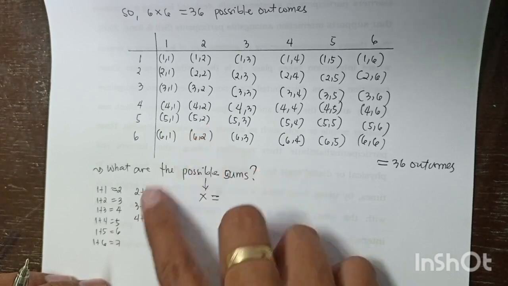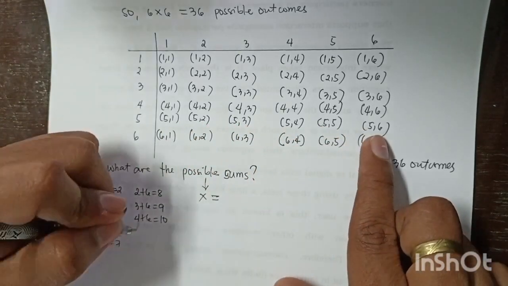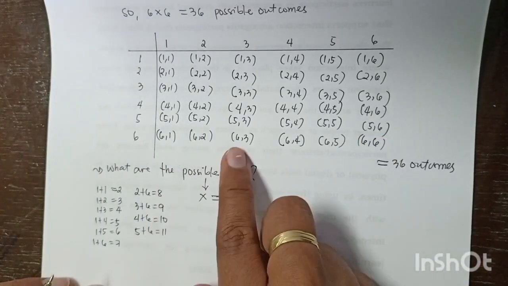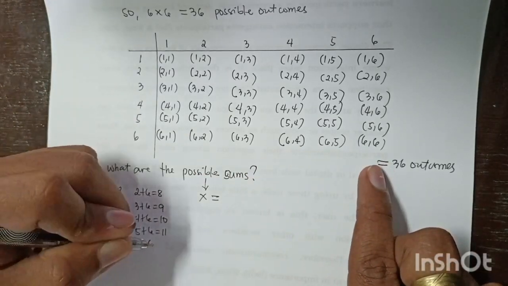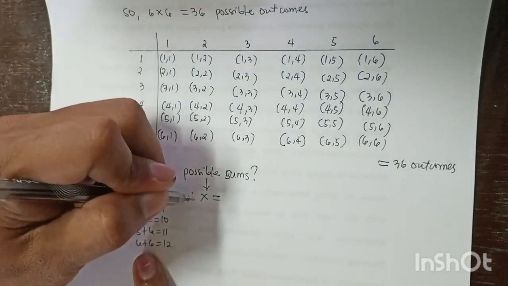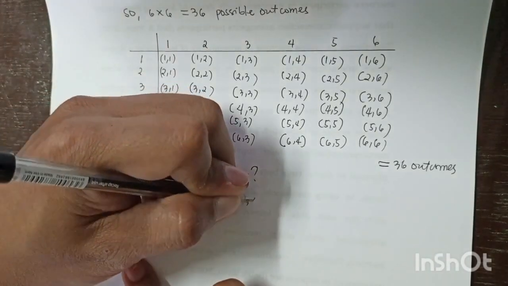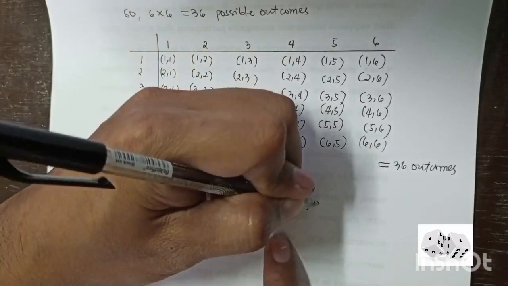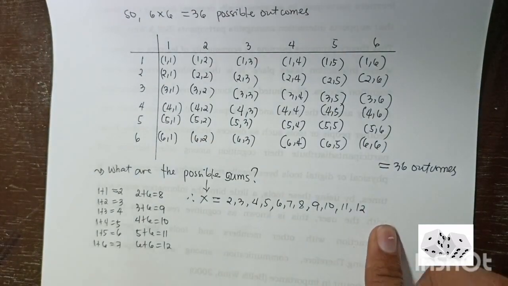But for 4 plus 6, we have 10. 5 plus 6 is 11. And 6 and 1 is 7. We already have that sum. Then for 6 and 6, that is 12. So what are the possible sums when we toss a pair of dice? We only have 2, 3, 4, 5, 6, 7, 8, 9, 10, 11, and 12.